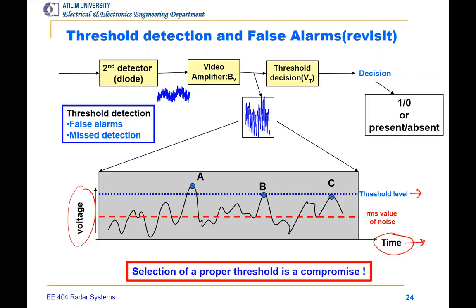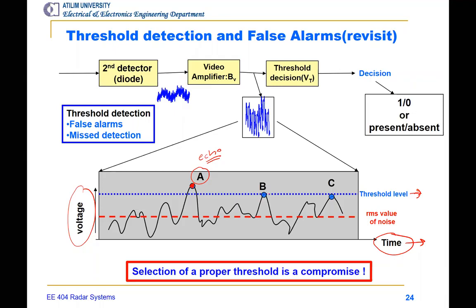If it exceeds the threshold, we report that there is an echo signal. So for point A, it's quite clear that the sample taken is greater than threshold, so we can declare an echo signal. So there is a target present.